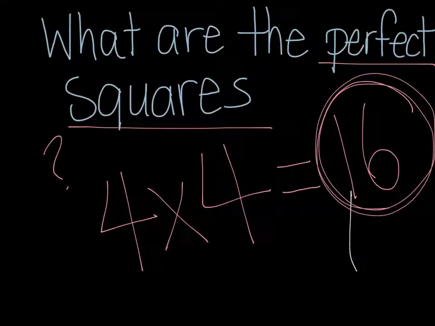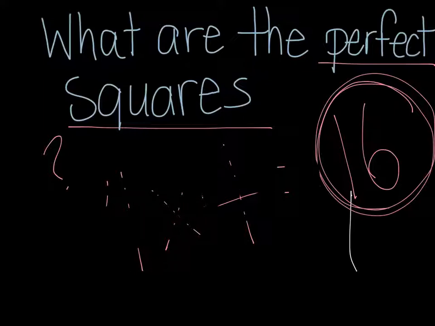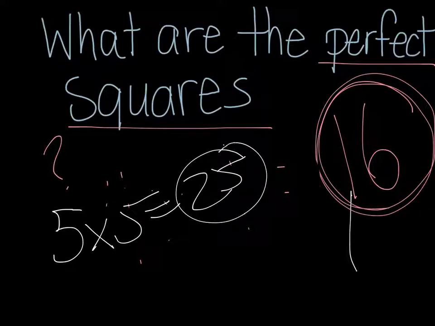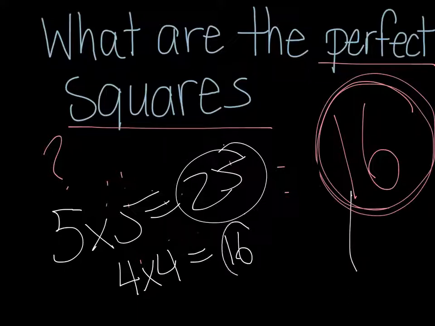A perfect square is the answer to a number multiplied by itself. Are you ready for a perfect square? 'Cause once you start, you'll be right on track.